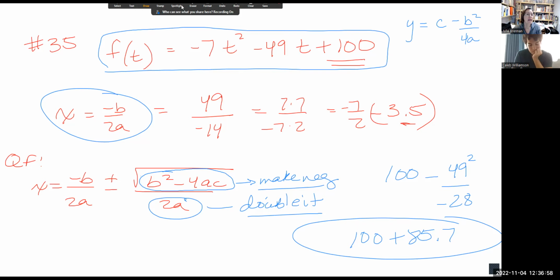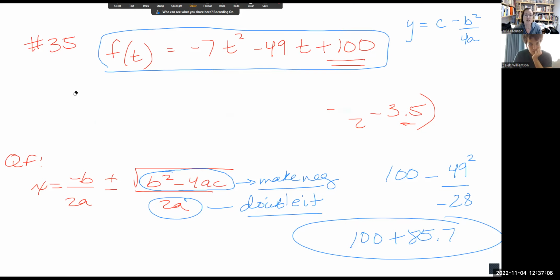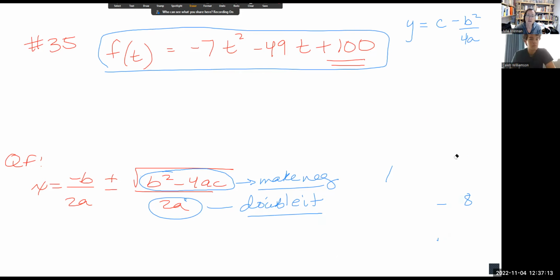And again, that usually comes out. Let's just say that I was asked to find at what time this object, if it's projectile motion, would hit the ground? Well, I would be plugging this into the quadratic formula. There's no way I'd complete the square with this, right? I wouldn't even attempt to factor.